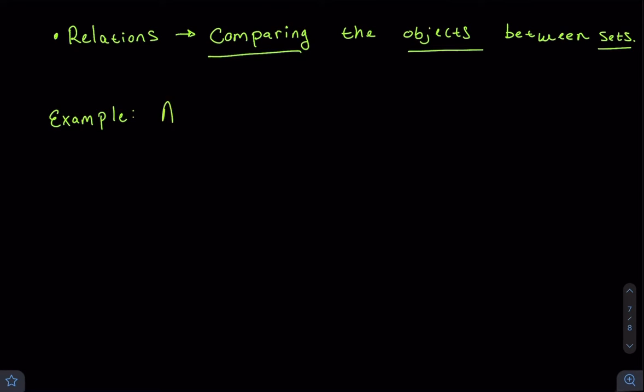Let's say I had a set A that had 1, 5, and 10 as objects. So all the elements in set A can be listed out like this.